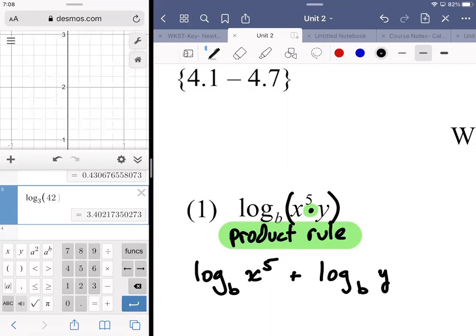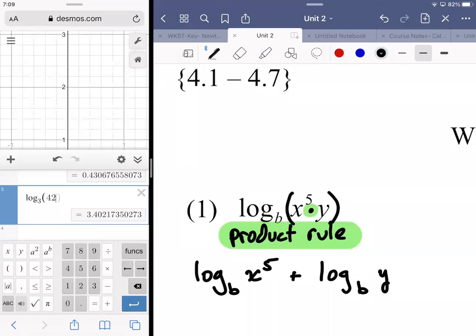What I mean by a simpler form is that you want to have less stuff contained within the logarithm. So instead of having log of x to the 5th y, I want to have just log of x and just log of y. I can have a bunch of different logs. I don't want to have log of monstrosity. I want to have multiple logs with very simple stuff in it.